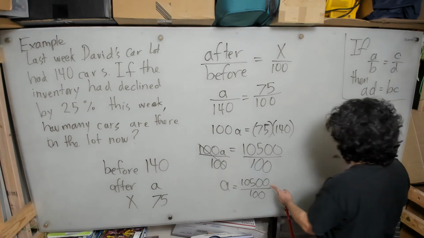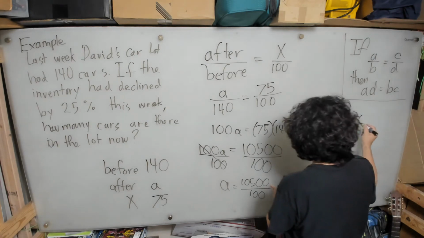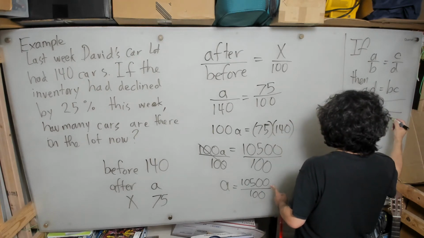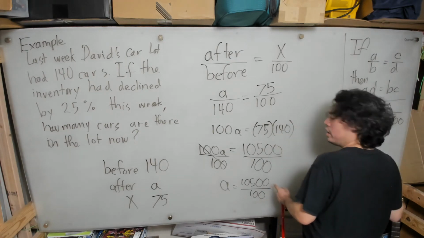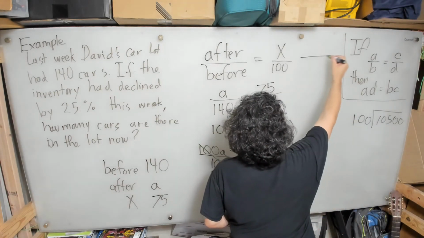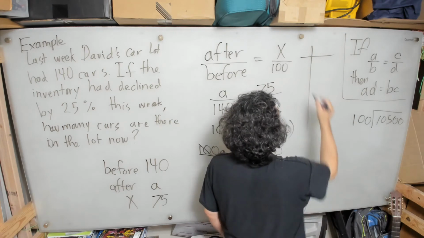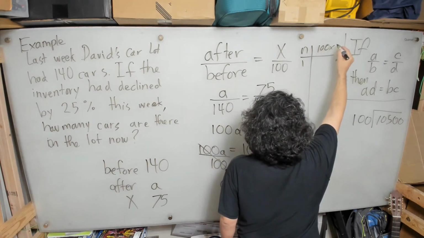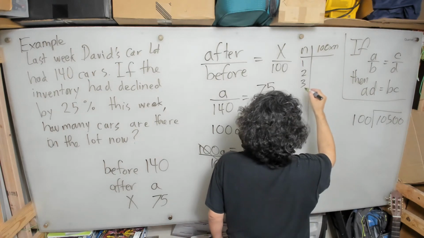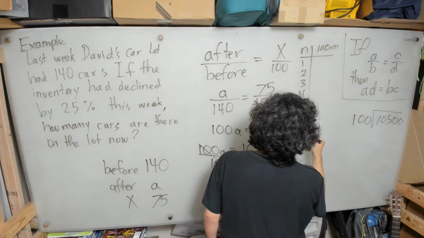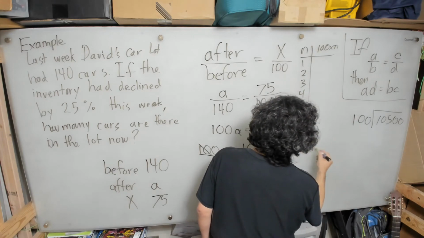So it'll be 100 on the outside and 10,500 on the inside. Also, let me make my multiplication table here. 100 is easy to multiply, so I'm just going to write it down here. If you do it on your own by adding over and over again, you'll see that this is exactly right.